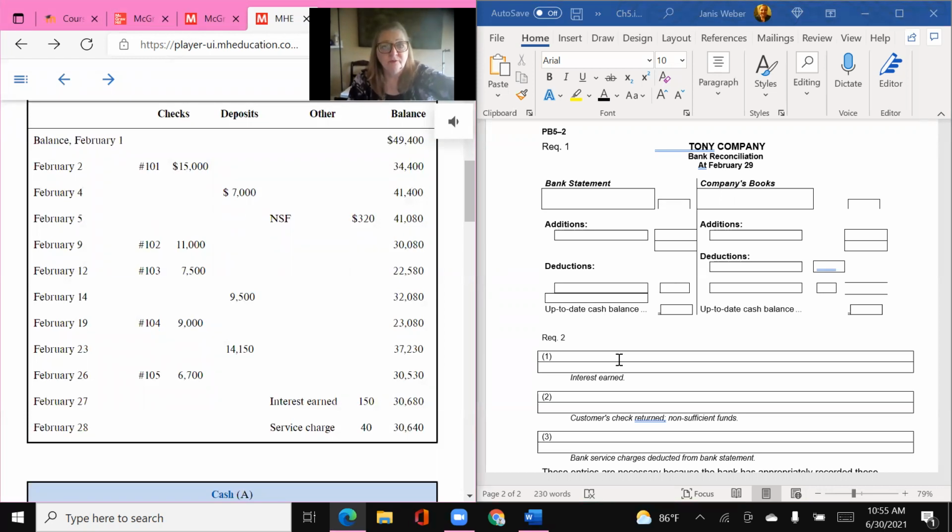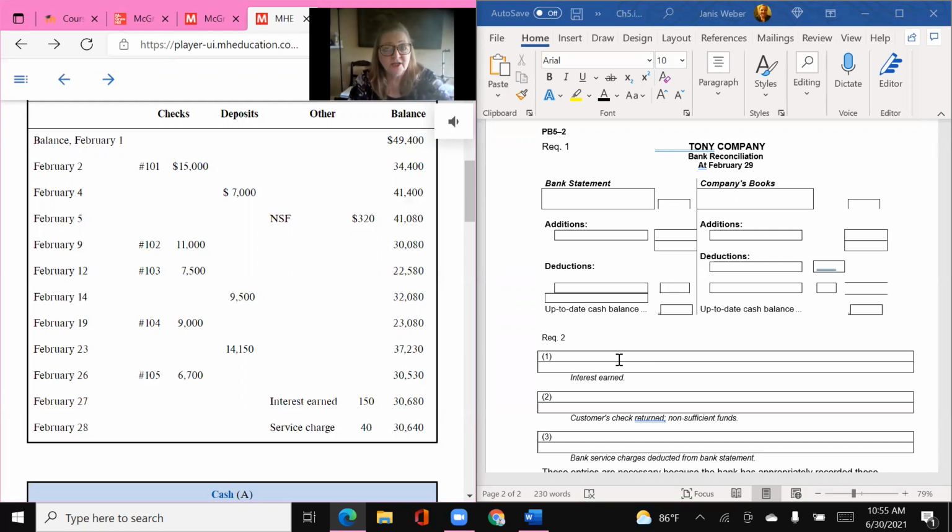So we'll be able to tell from this what checks are outstanding because we can see the checks that have cleared. Then when we look at the T account, we'll know what checks were written. So we'll know if they all cleared or not. Same thing on the deposits. We'll look at the deposits that cleared the bank, and then we'll compare that to the deposits that are recorded in the books, and the ones that are still outstanding, we'll have to adjust the bank side of the reconciliation.